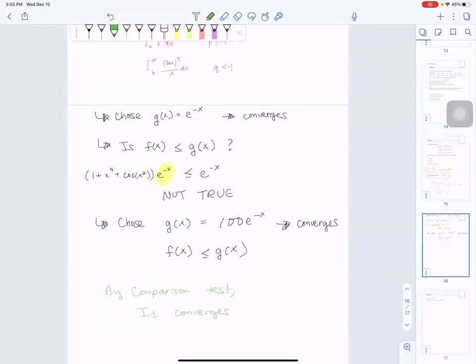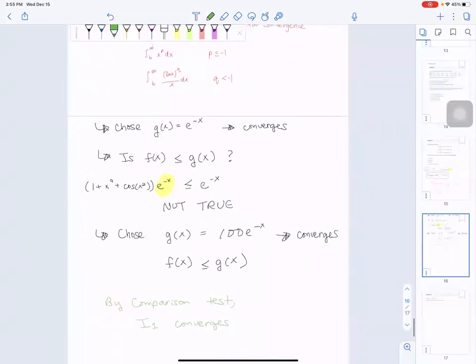Any questions on this first I1? Yeah, Tom. How did you figure out what would be inside the parentheses on the left side, that it would be just some small number?